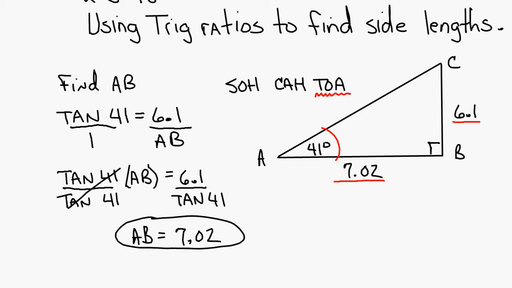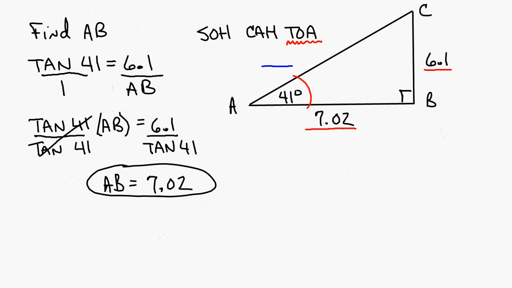All right, now, same triangle. And let's say that you are asked to find AC, the hypotenuse. Now, if you're looking to find this hypotenuse, and you're given this angle, in this case now, since you already know two sides, you could use a ratio that dealt with opposite and hypotenuse or adjacent and hypotenuse.